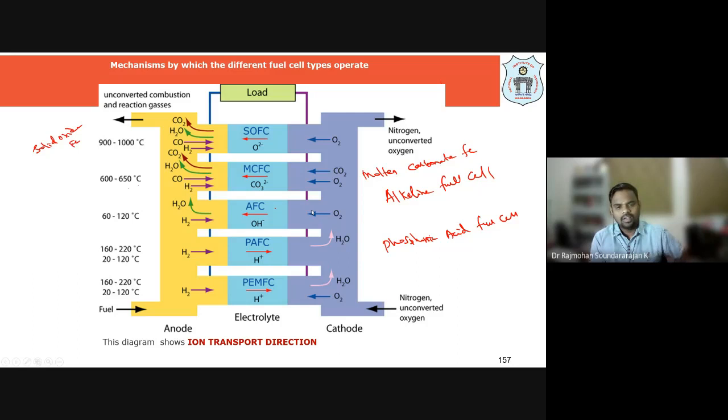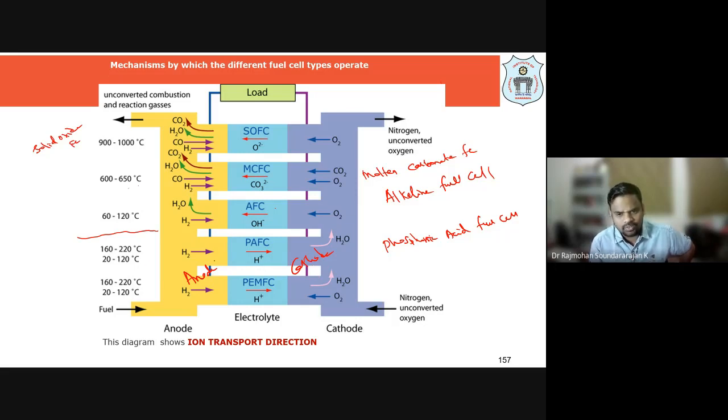You can see the direction of ion is from anode to cathode in the case of the first two types of fuel cells in this diagram, which are phosphoric acid fuel cell and PEM fuel cell. H plus ion is passing from anode side to cathode side.